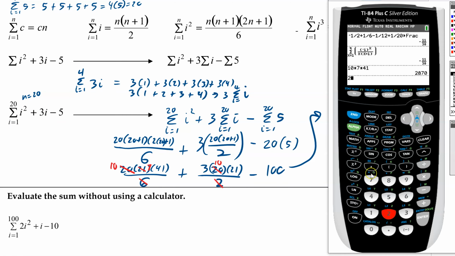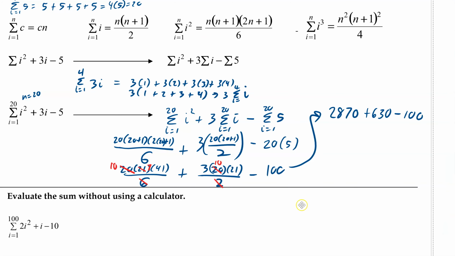So 2870 minus 630 plus 630 minus 100, and you get 3,400. Now there's some shortcuts.